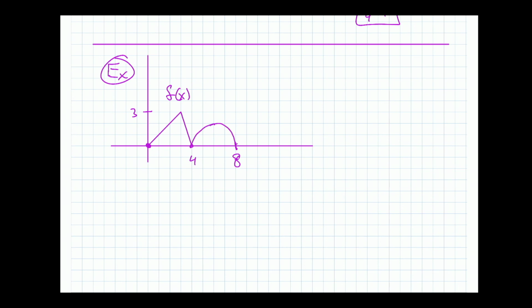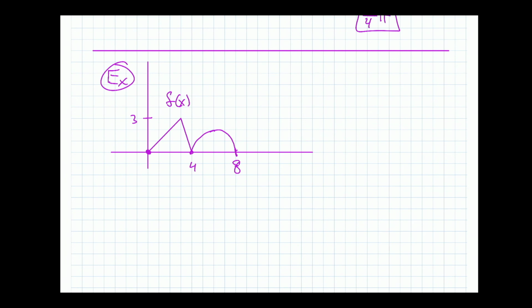And then they'll go like that. And then maybe they'll do one more triangle or something, which I guess that would be 12 there. And then they say that's F and that's G and that's H.